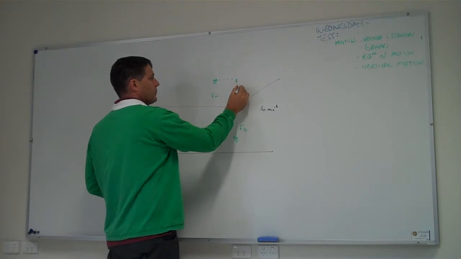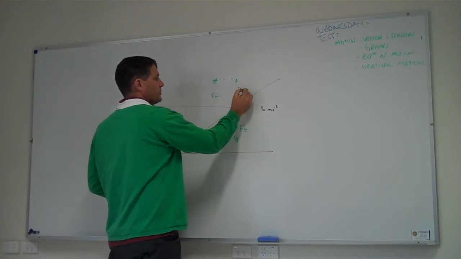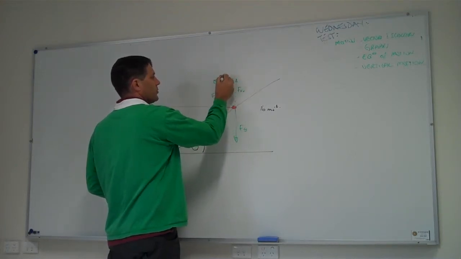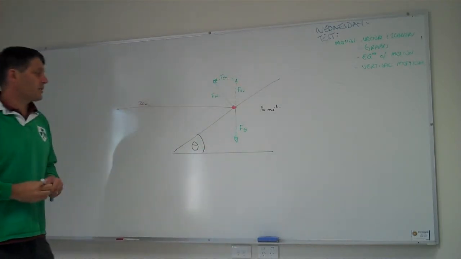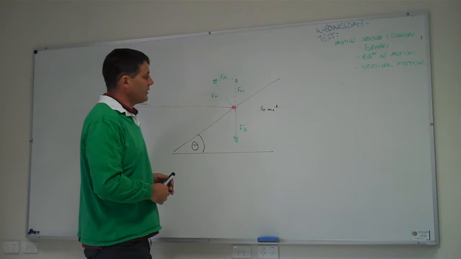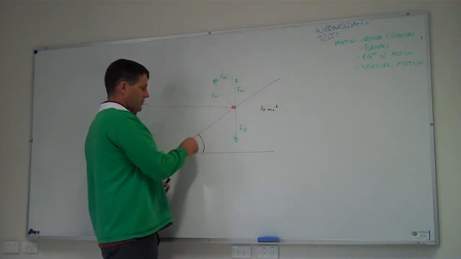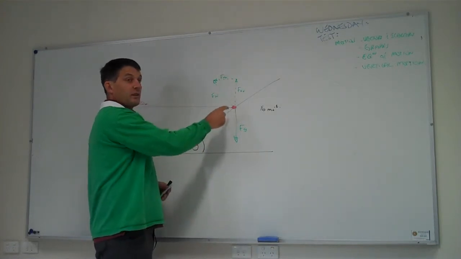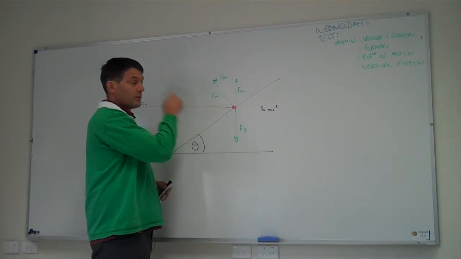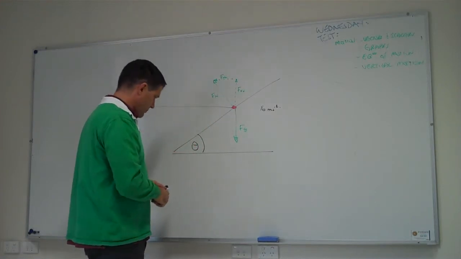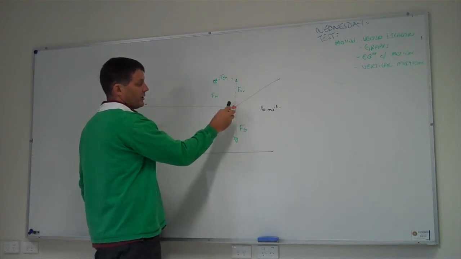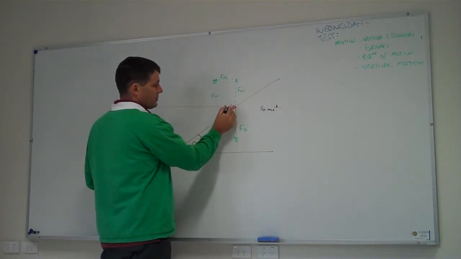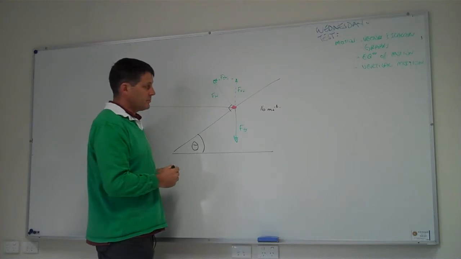So this one will be force in vertical, force in horizontal. Now we can show that this angle here is going to be this angle here. Because we know that that angle in there is 90 degrees.